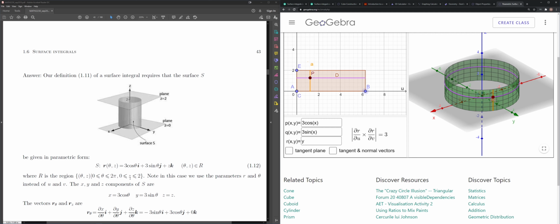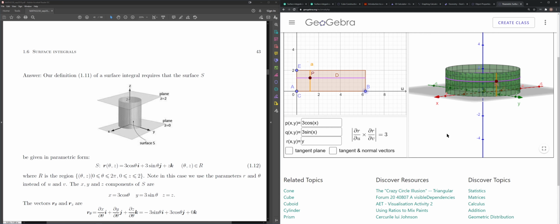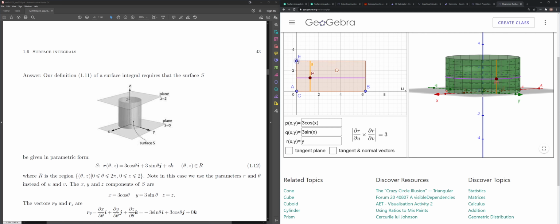Then this z lying between 0 and 2 tells me what the heights are, so it lies between the plane z equal to 0 and z equal to 2. For example, if I change this parameter value from 2 to 4, the height of the cylinder would increase to 4.